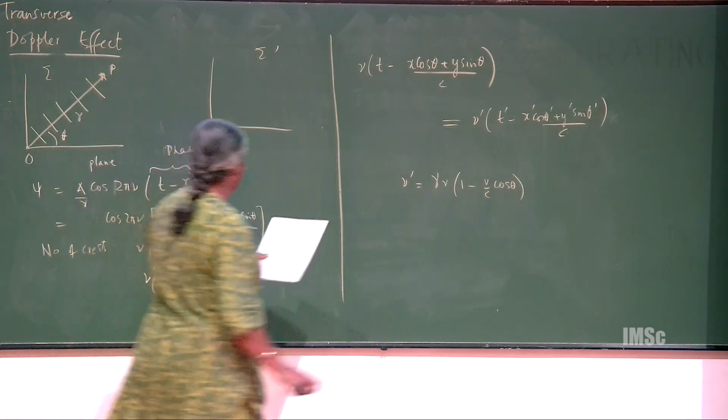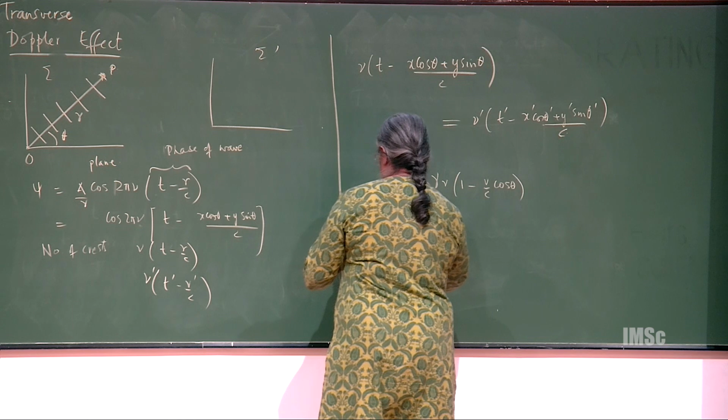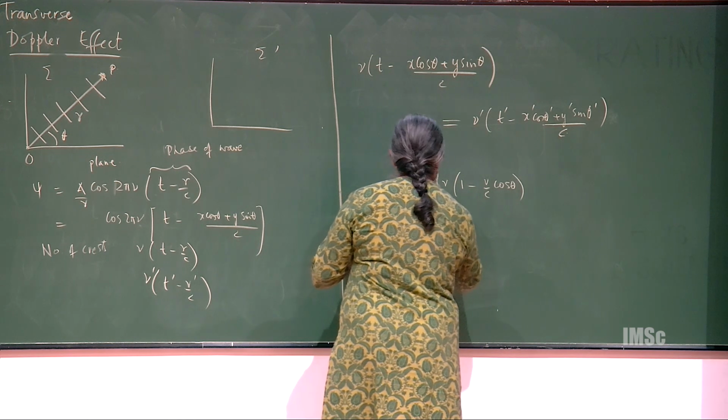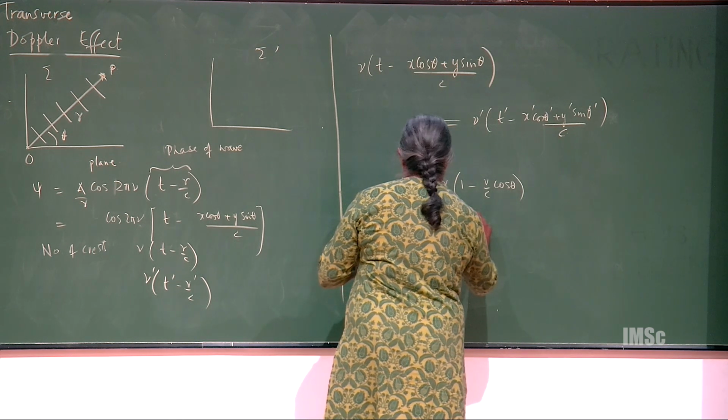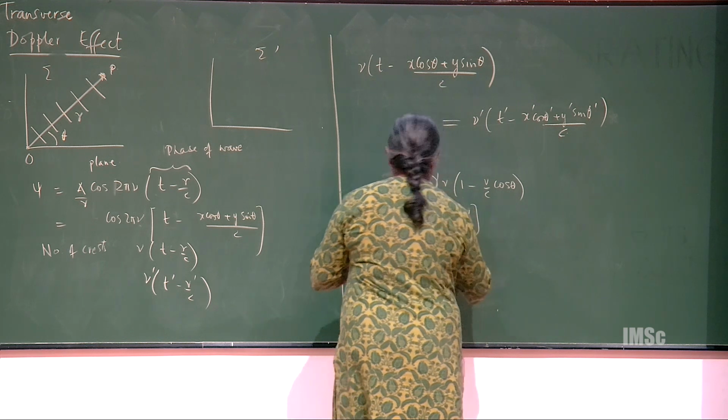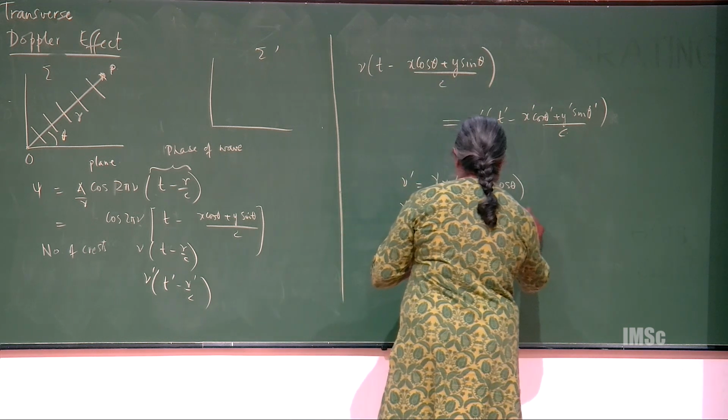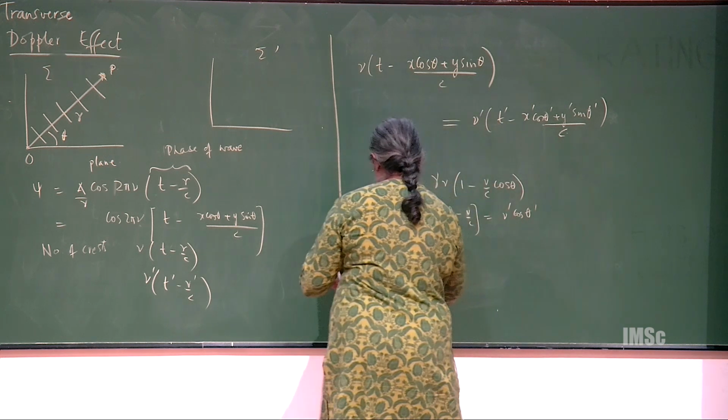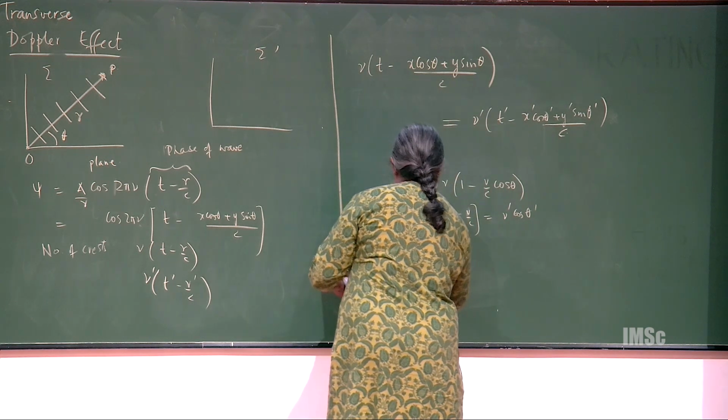Well, if you want, I'll write down the equations and you can check them out. Gamma nu cos theta minus, they are very straightforward, just equate the two sides, okay, and nu sin theta.